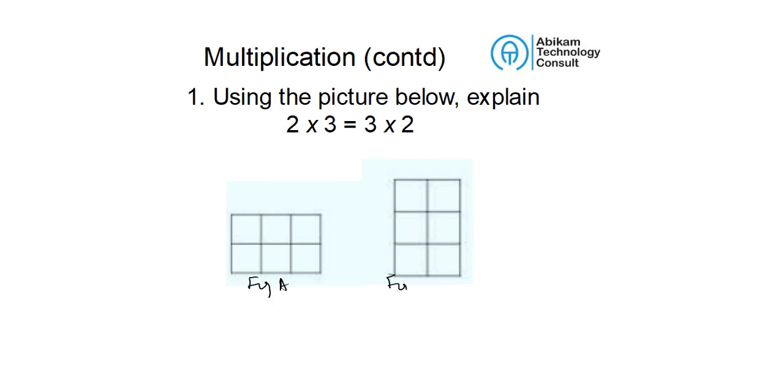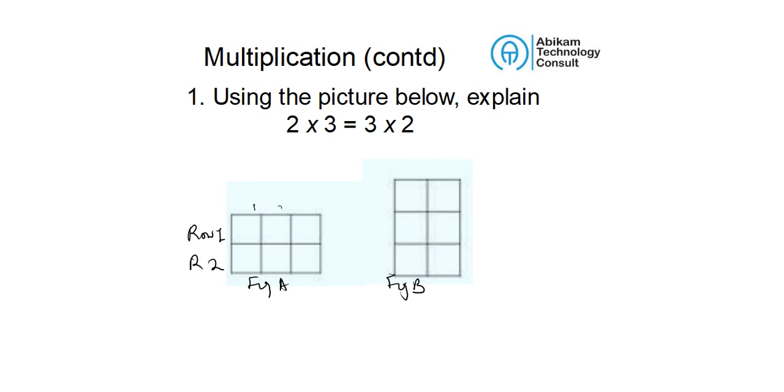Any difference there? In figure A, you can see that we have 2 rows. We call this row 1, this is row 2. So you have 2 rows. But for every row, it has what? 3 squares. Every row has 3 squares. This is square 1, square 2, square 3.